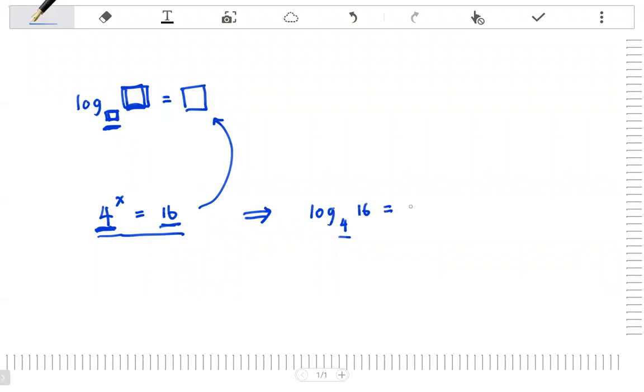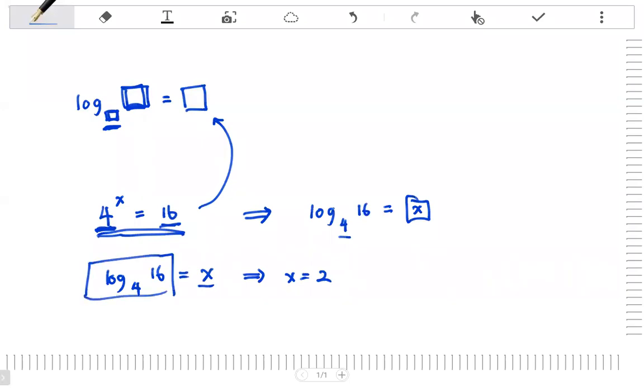And this part is where our exponent goes. So it's just x. So when we rewrite this exponential form, we can rewrite it in log form as log to the base 4 of 16 equals x. And we solve for x. Well, because this is a pretty simple example, we know that x equals 2, which means this complicated thing is also equal to 2.